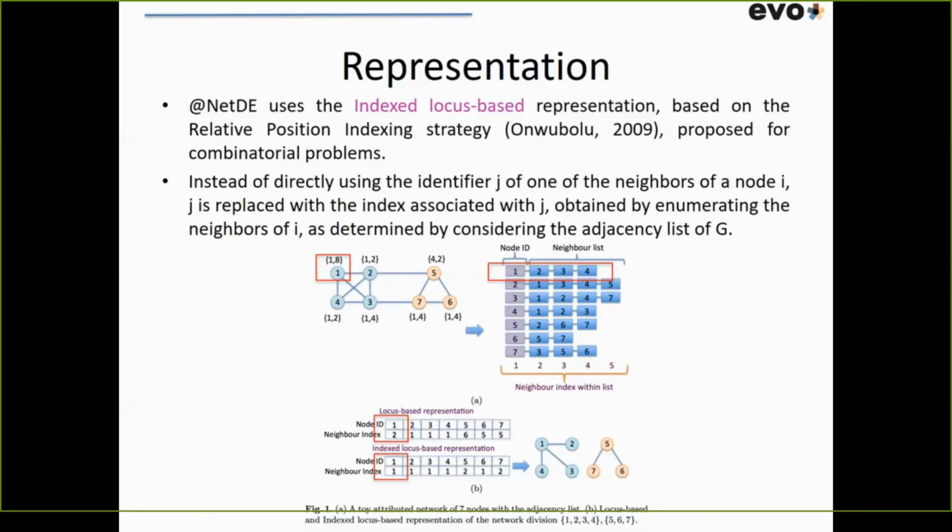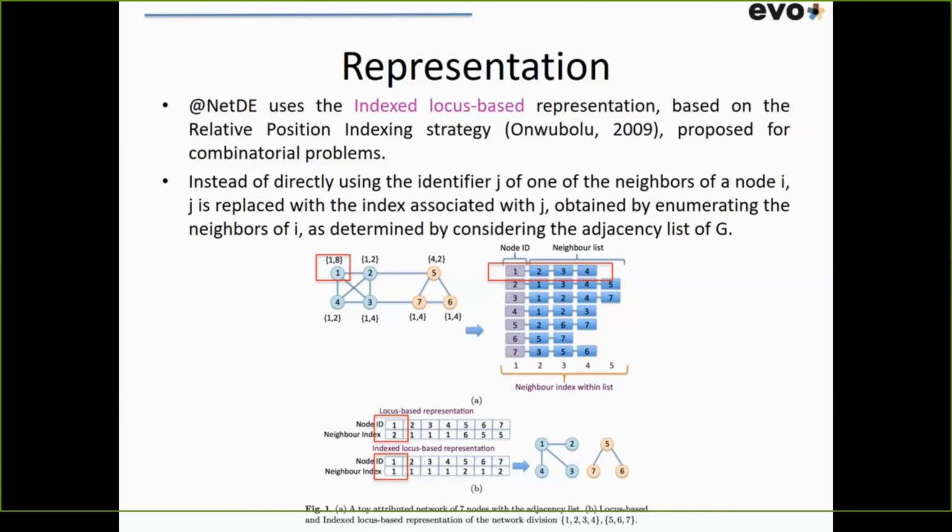To encode a community, each element I of the vector represents the community neighbor of the node I. The particular feature of the indexed locus-based representation is that instead of using the identifier J of one of the neighbors of a node I, as in the classical locus-based representation, J is replaced with the index associated with J, obtained by enumerating the neighbors of I. To better understand, look for example to the toy attributed network in the figure.